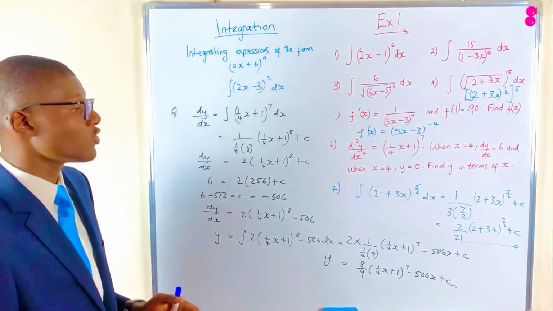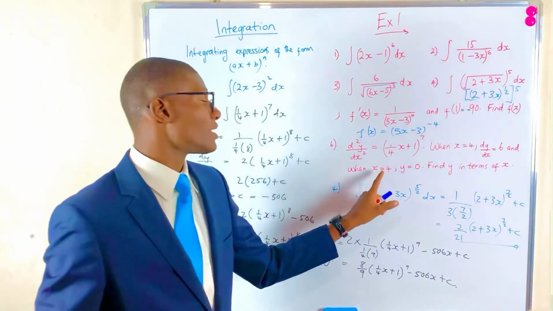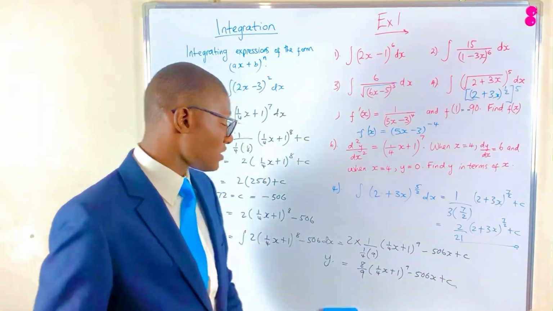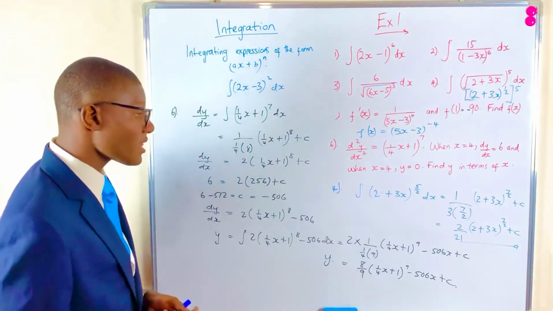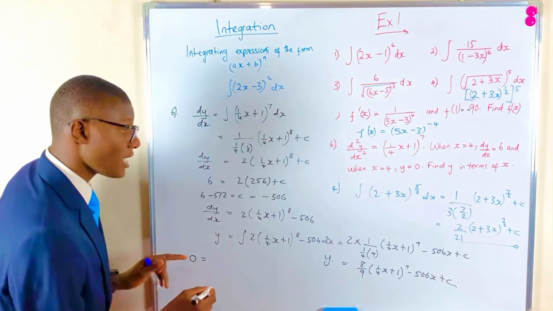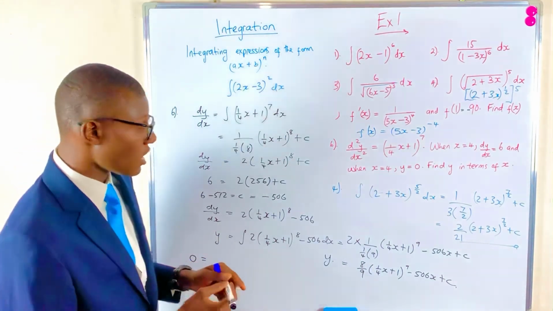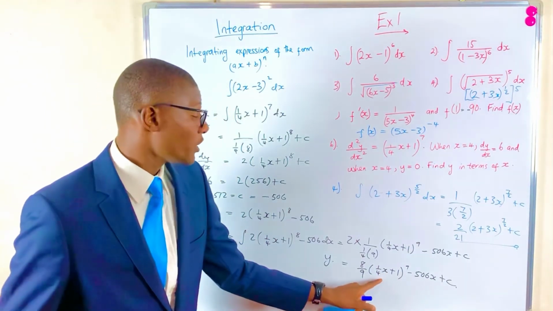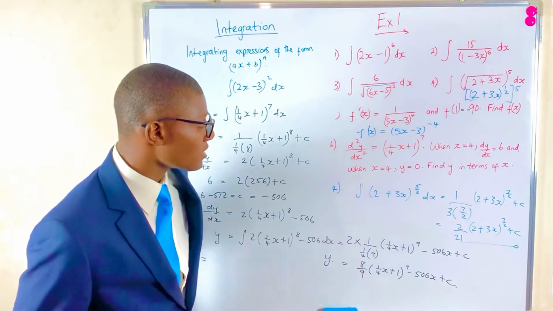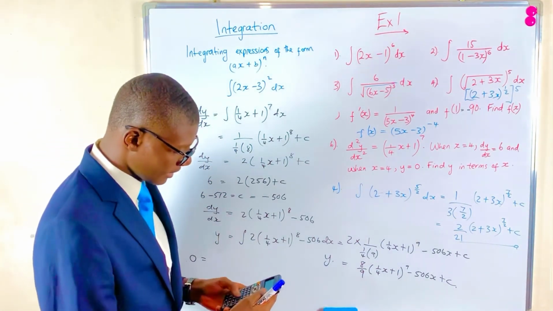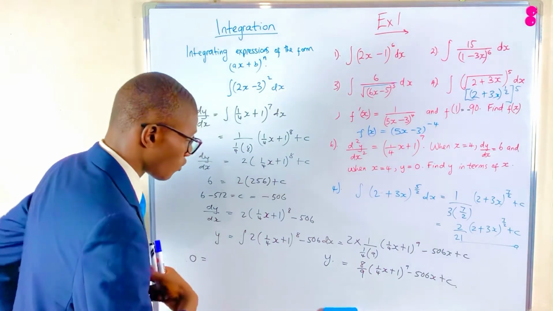So now we shall use this condition which says when x is equal to 4, y is equal to 0, to find this constant of integration. So we're saying that when y is equal to 0, x is equal to 4. So now 1 over 4 times 4, we get a 1. Then 1 plus 1, we get a 2. 2 to the power of 9, that's 512.